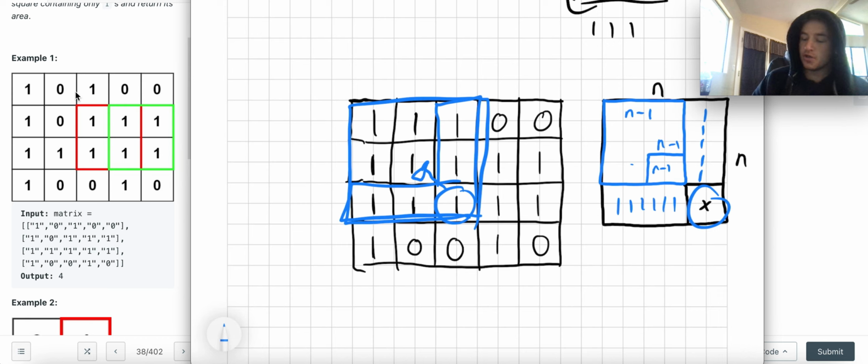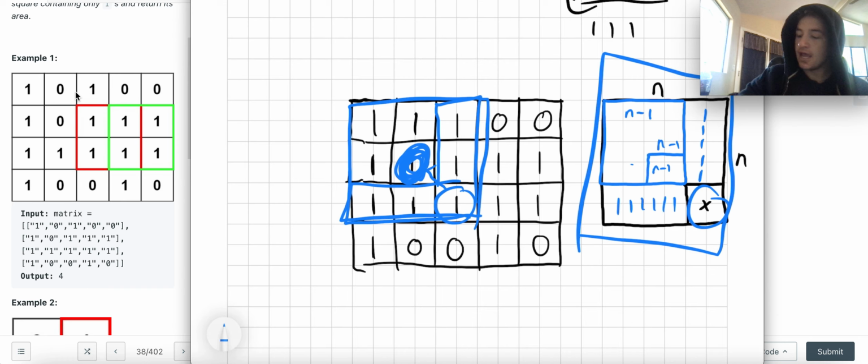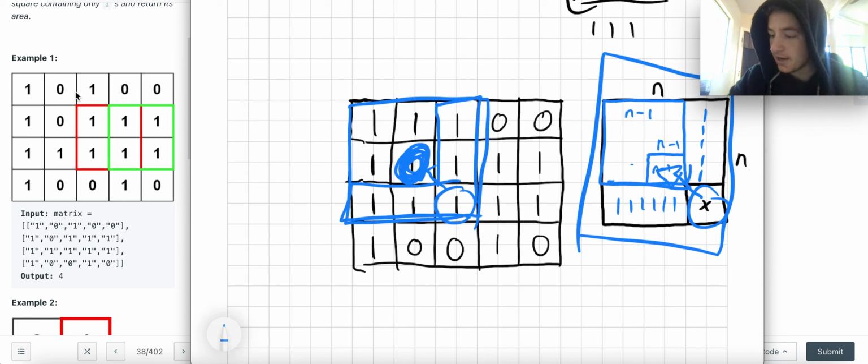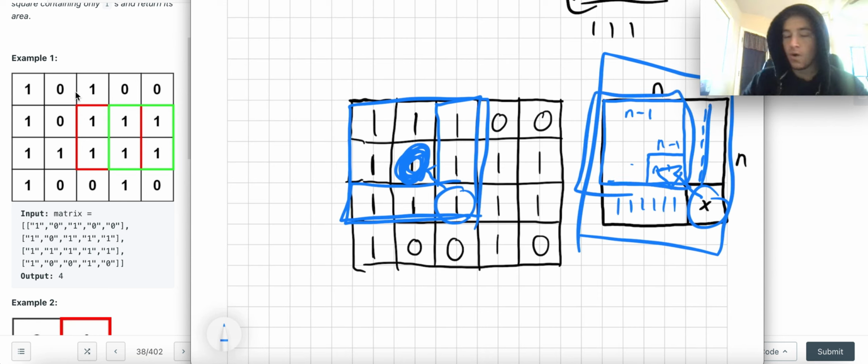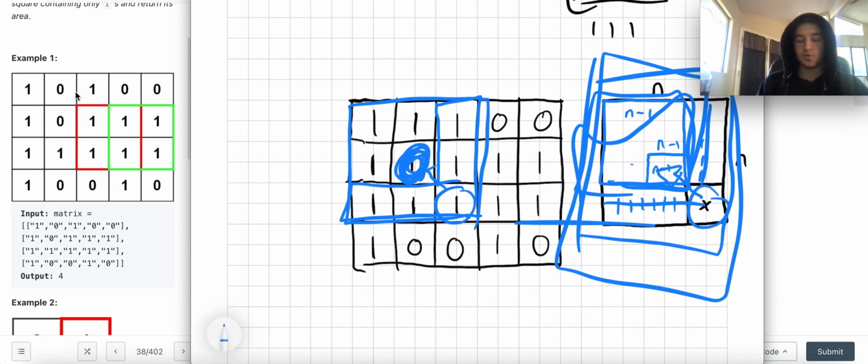So in the bottom right corner of a square, you can save the size of the largest square that exists at that cell. And then for any subsequent cell, you can run this process and say, if up and to the left there's a square in this cell, and there are all 1s here and all 1s here, then there's a square of some size in this subsequent cell.